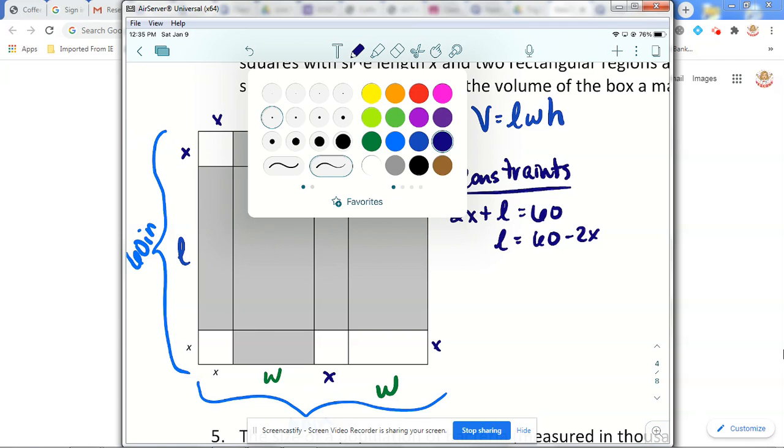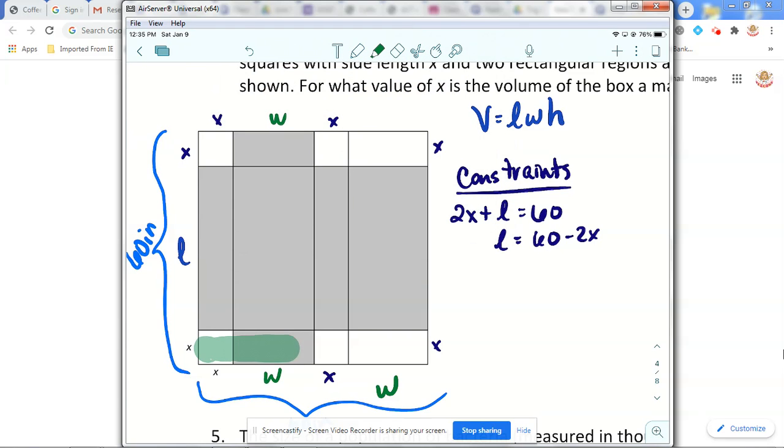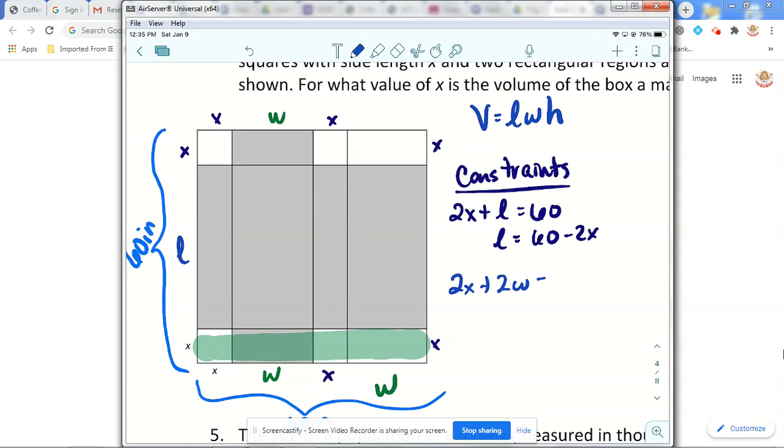Then if I look at this side, I know that two X's and two W's add up to give you 60. And then again, we want to solve it for W. X is what we want.